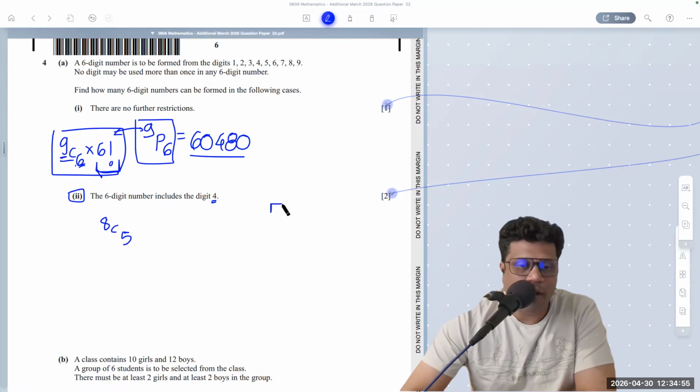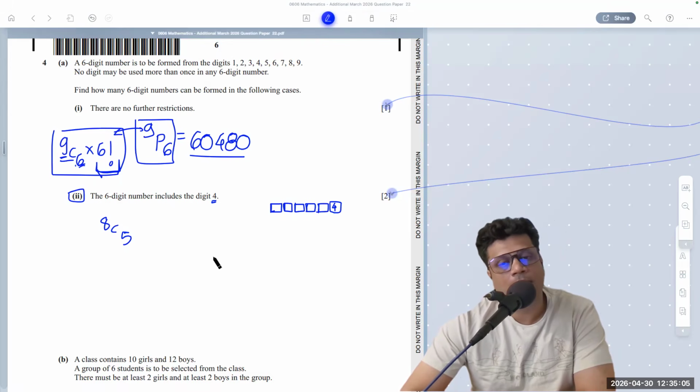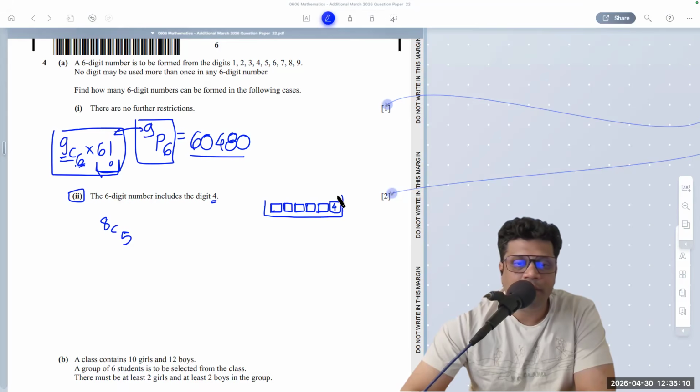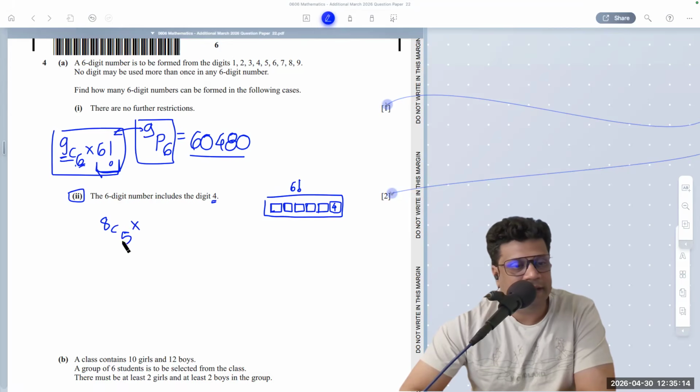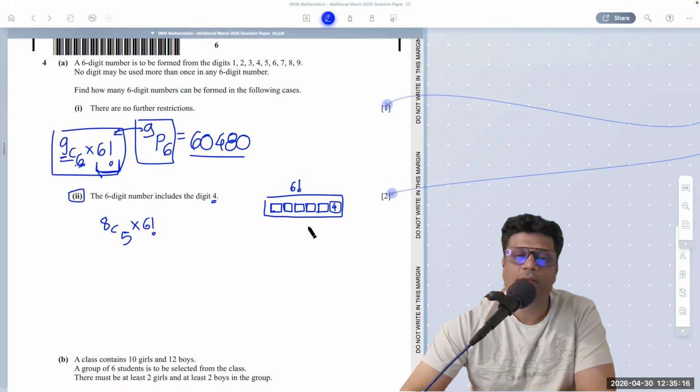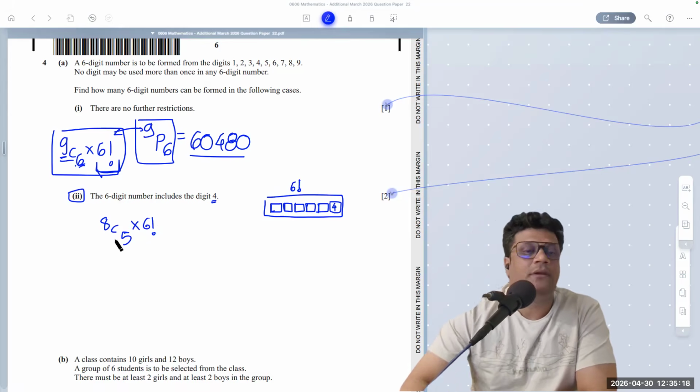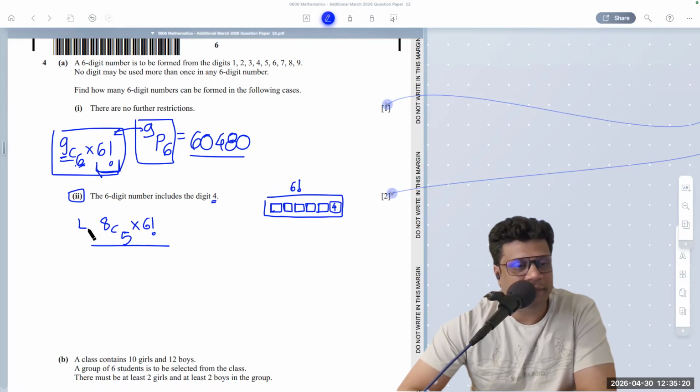So I've got 5 digits out of those 8 and the number 4. And then I'll do 6 factorial permutations of them. So 8C5 into 6 factorial. That is my answer to it.